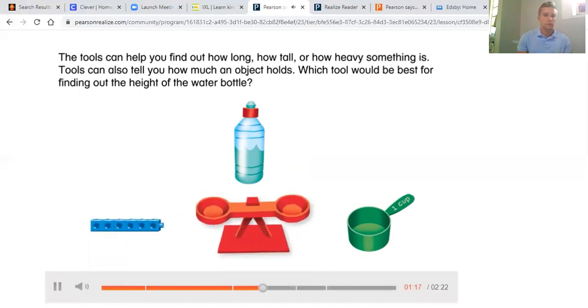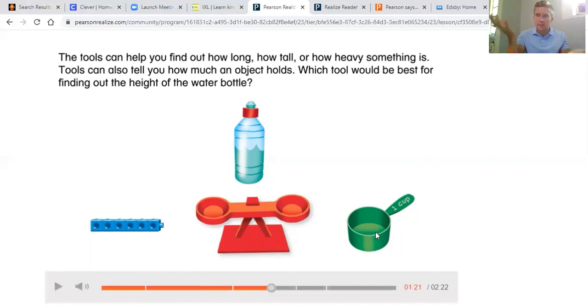Which tool would be best for finding out the height of the water bottle? If you wanted to find out the height of this water bottle, which tool would you use? Shout it out. Is it the measuring cup? No. Is it the balance scale? Will that help me find out the height, how tall something is?